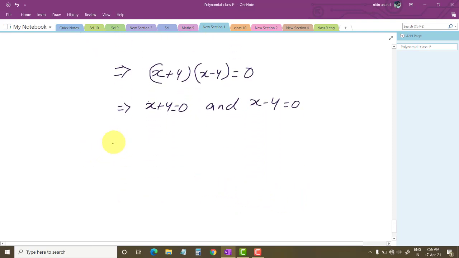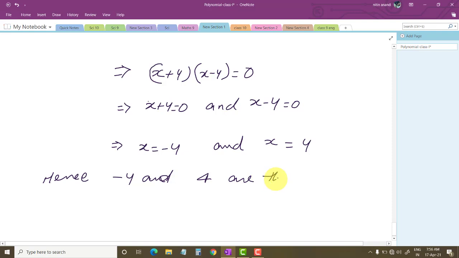If x plus 4 equals 0, then x equals minus 4, and if x minus 4 equals 0, then x equals 4. Hence, in conclusion, minus 4 and 4 are the zeros of our polynomial. Clear?